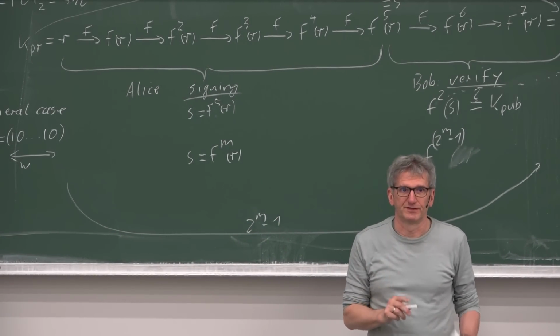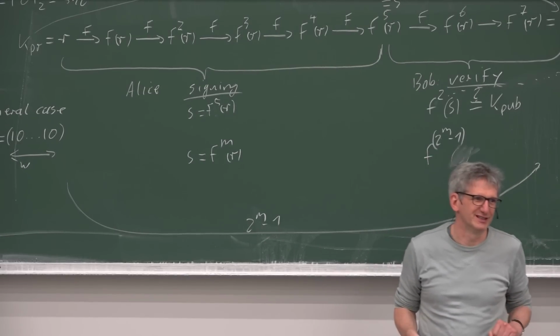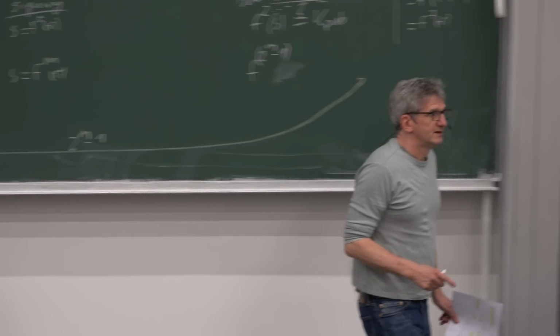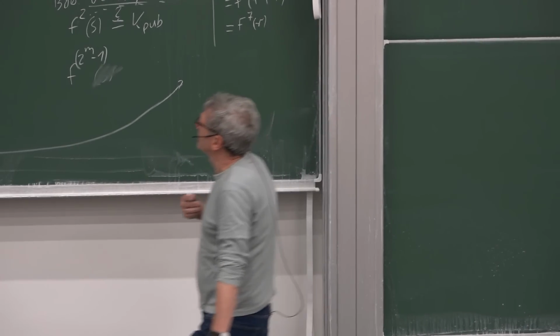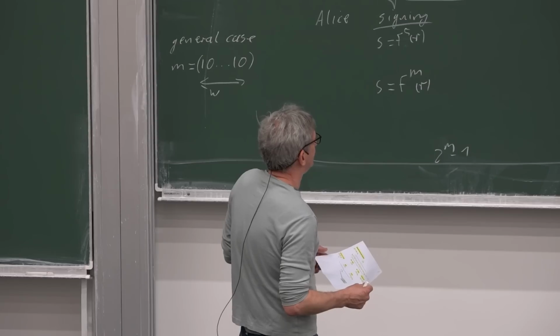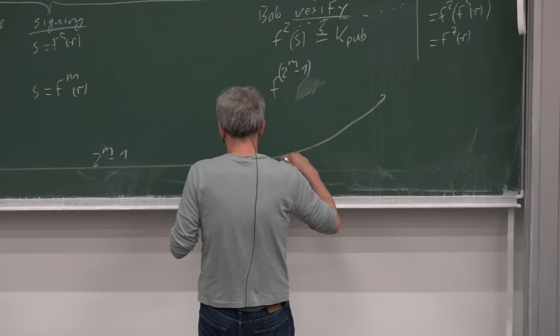I should have said that. Again, I'm teaching this for the first time, right? Next year, everything's better. So, what's wrong? 2 to the power of W minus 1 minus 2. Good.